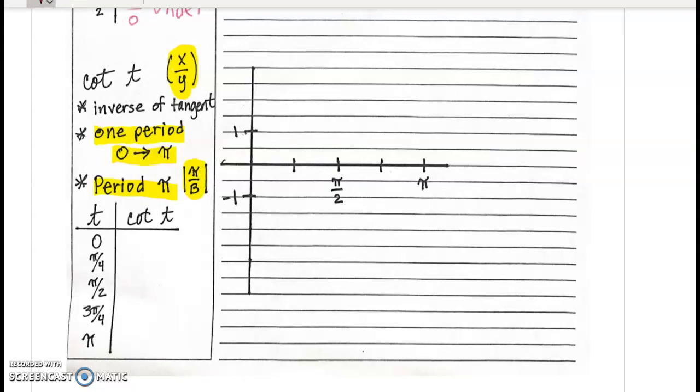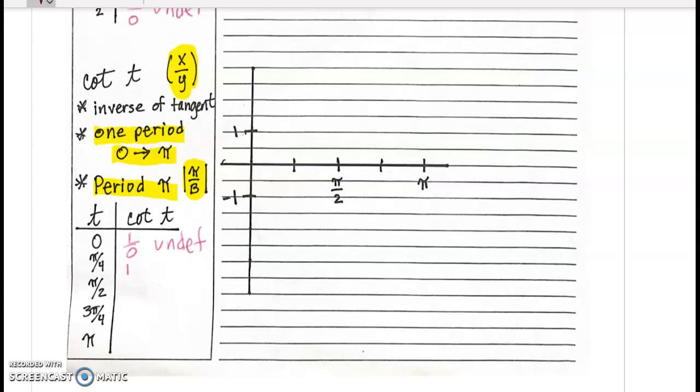Okay? Again, we're going to use our unit circle. We're looking for the coordinates x over y this time. So at 0, my coordinates are 1, 0. So that means I'm undefined. At pi over 4, I'm square root of 2 over 2, square root of 2 over 2. So that would just be 1.